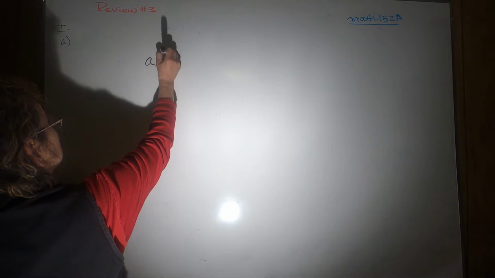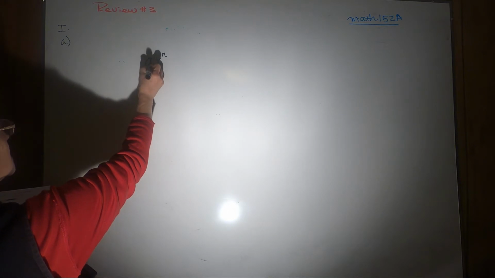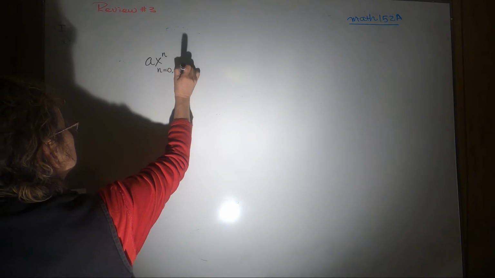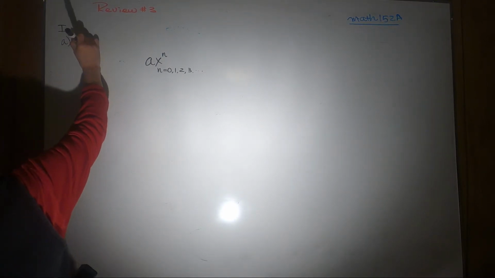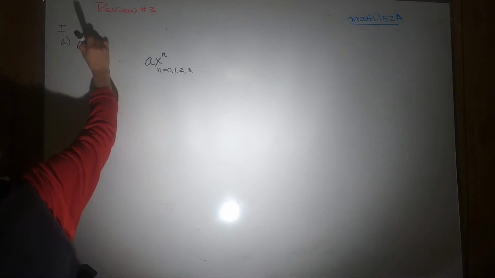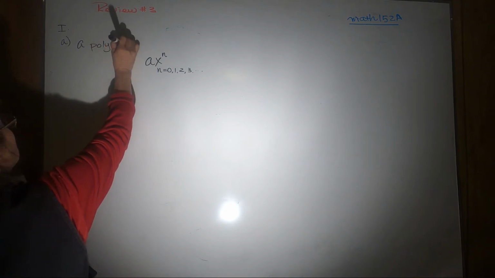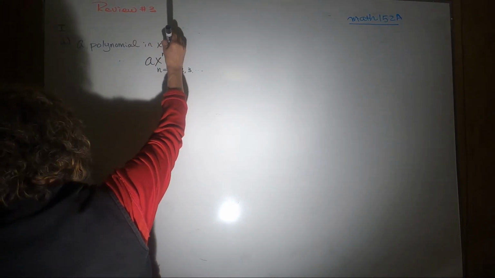We say you have x to the power and with the coefficient in front of it, right? The power can be what? 0, 1, 2, 3, but all the positive numbers, whole numbers, but non-negative. But the many terms means you put them together by what? Addition or subtraction, right?